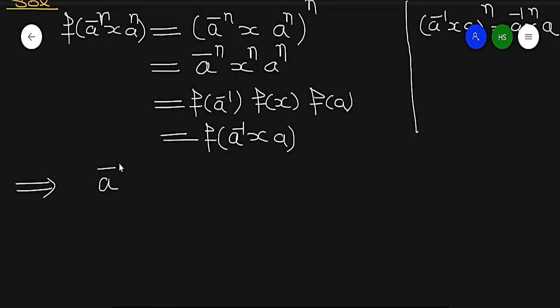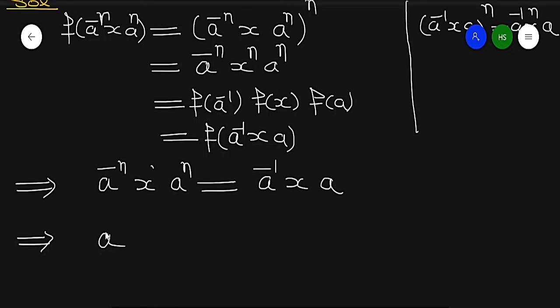So a raised to power minus n, x raised to power n, a raised to power n is equal to a inverse x a. Now when we multiply by a on both sides, this can be written as a raised to power n minus 1 into x is equal to x for every x belonging to G.